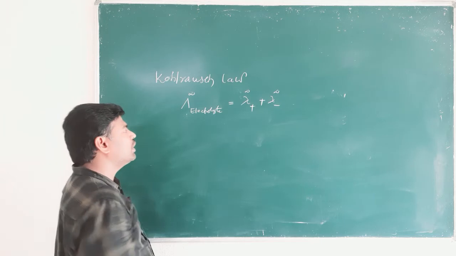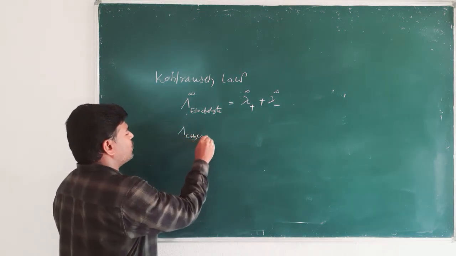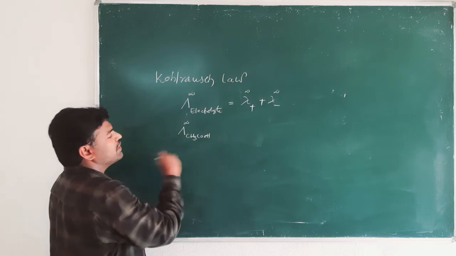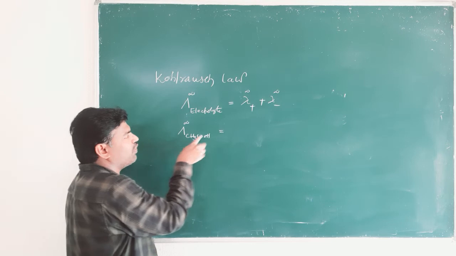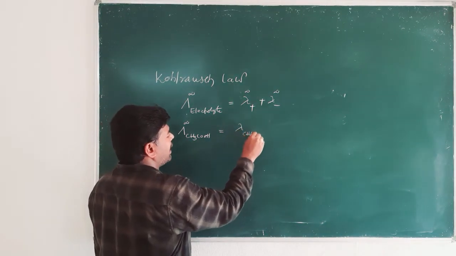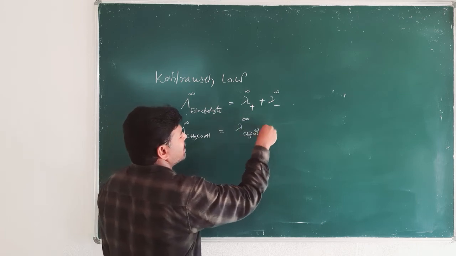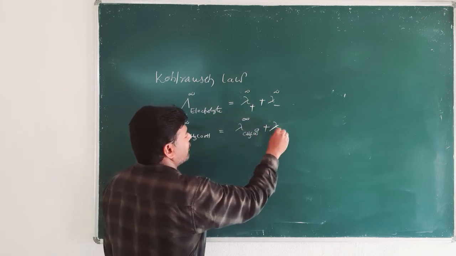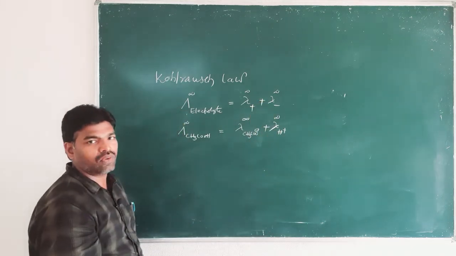For example, if we take acetic acid, a weak electrolyte, CH3COOH, the equivalent conductance of acetic acid is equal to the equivalent conductance of acetate ion at infinite dilution plus the equivalent conductance of H plus ion at infinite dilution, okay.